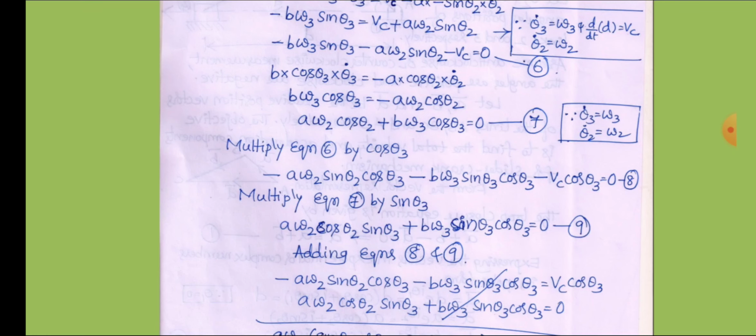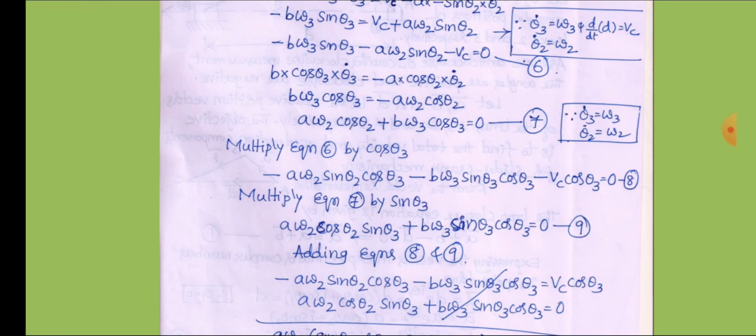After cancelling, minus b omega 3 sin theta 3 cos theta 3 plus b omega 3 sin theta 3 cos theta 3, I am left with a omega 2, which is common in both the terms. I just took it outside. Then it will be sin theta 3 cos theta 2 minus sin theta 2 cos theta 3, that is equal to vc cos theta 3 plus 0, which is vc cos theta 3. Now a omega 2, now sin theta 3 cos theta 2 minus sin theta 2 cos theta 3.